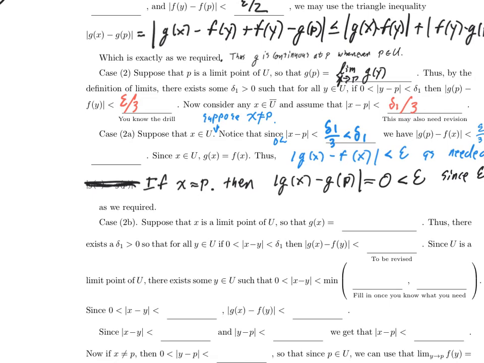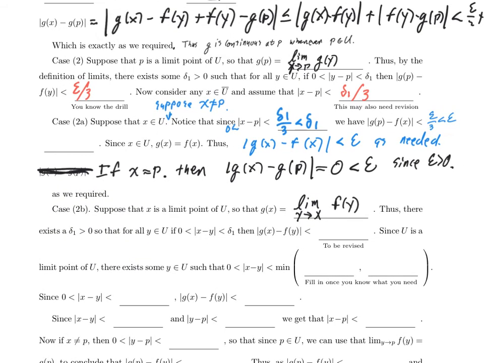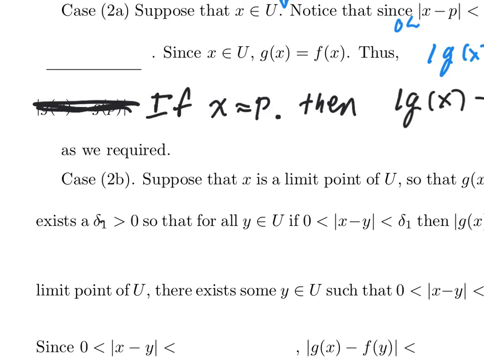Case 2b, let's suppose also that x is a limit point of U, so that in this case g of x is the limit as y approaches x of f of y. So there exists some delta 2, right?